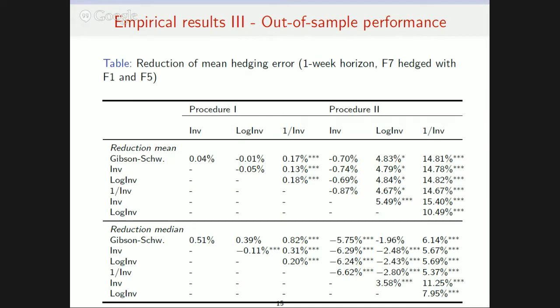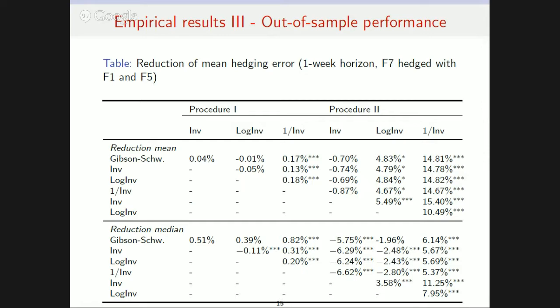So here's the table which I was referring to. We see here the reduction of the mean. We have the Gibson and Schwartz model and how it compares to the other models and how strong the reduction is.